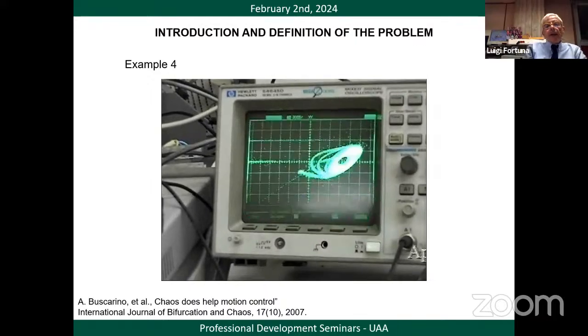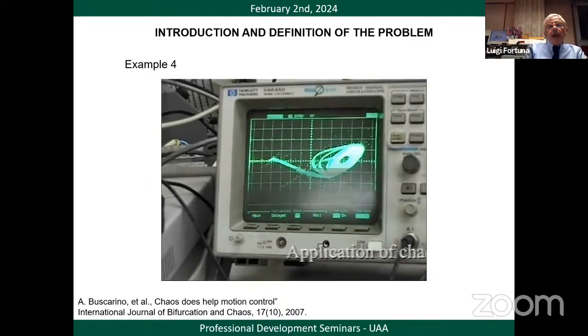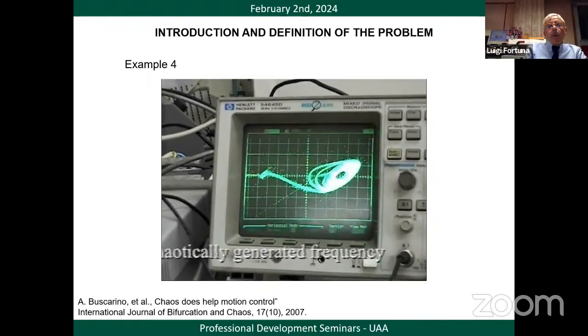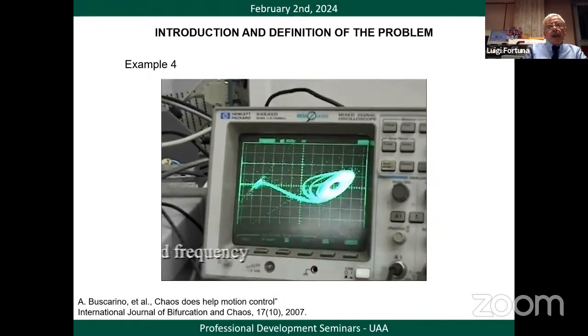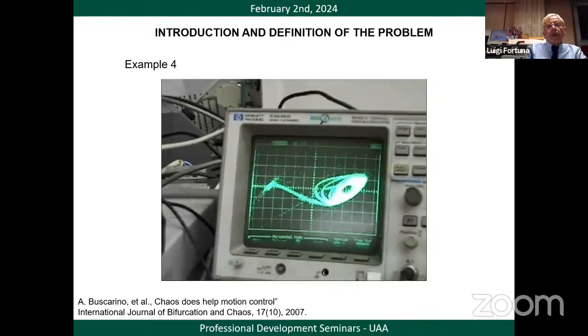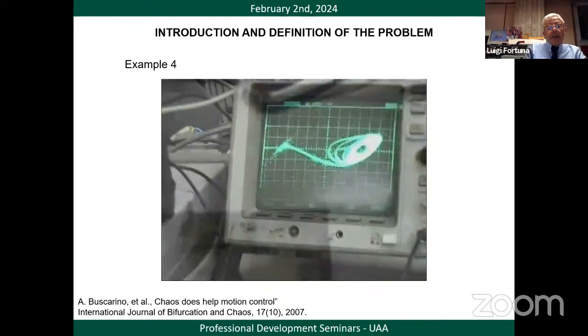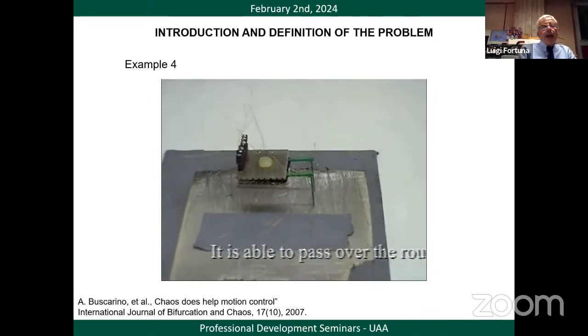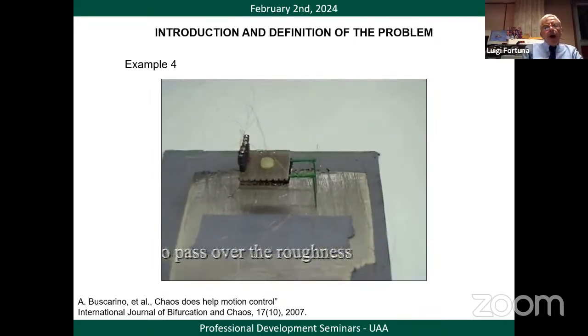Now, another example that we discovered. As you can see, this is a chaotic attractor, and we use this typical nonlinear oscillator to drive piezoelectric robots.